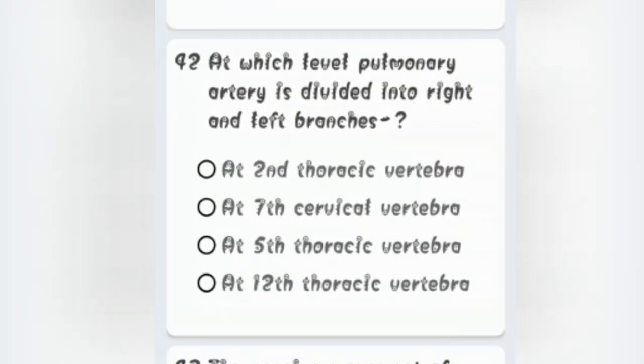Next question number 42. At which level pulmonary artery is divided into right and left branches? Option A at second thoracic vertebra, option B at seventh cervical vertebra, option C at 5th thoracic vertebra, and option D at 12th thoracic vertebra. The answer of this question will be option number C, that is at 5th thoracic vertebra.